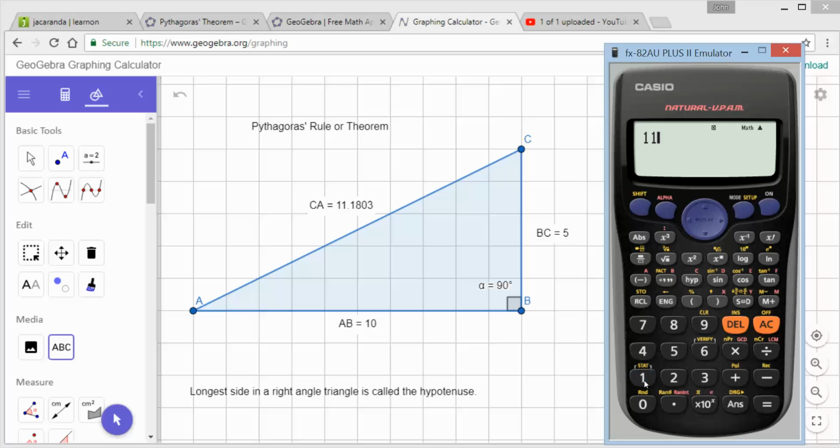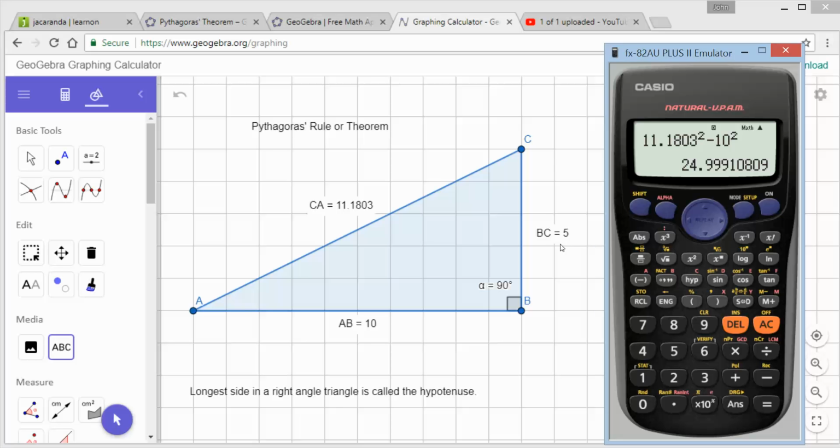So let's type that in, 11.1803 squared. And if you take away the 10 squared, because that's the shorter side you are given, you're left with 24.99 something. So whatever this is, this must be the square of this length.